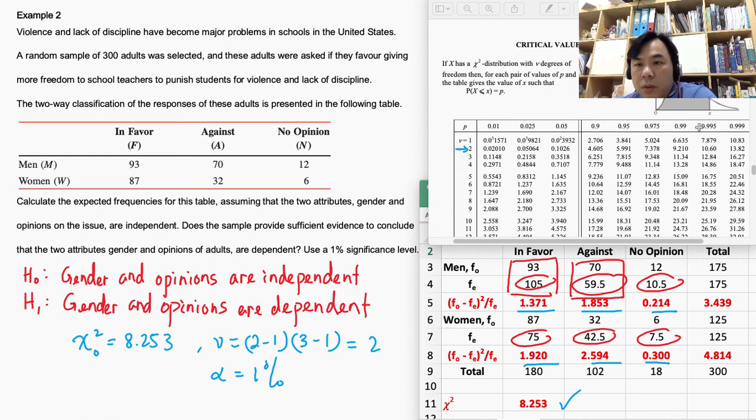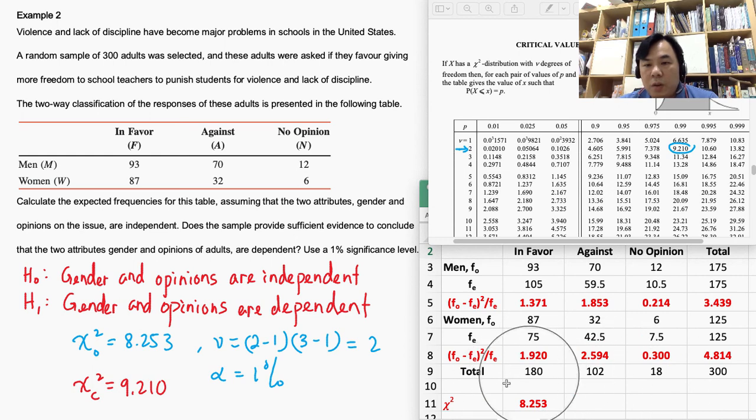So degree of freedom of 2, 99%. So that will be our critical. Now, therefore, the critical chi-square is 9.210. So let's see how we should conclude that.